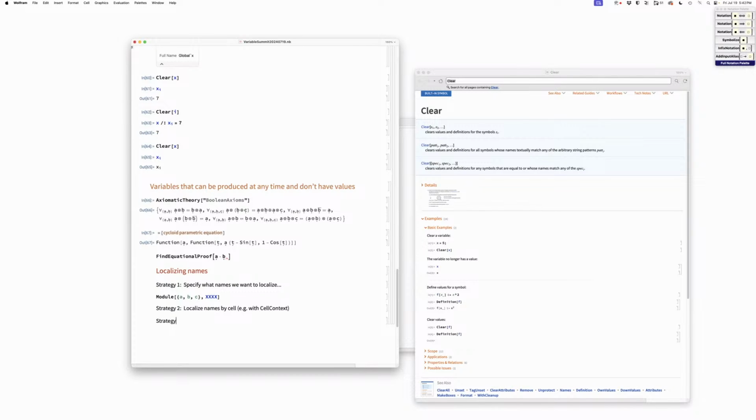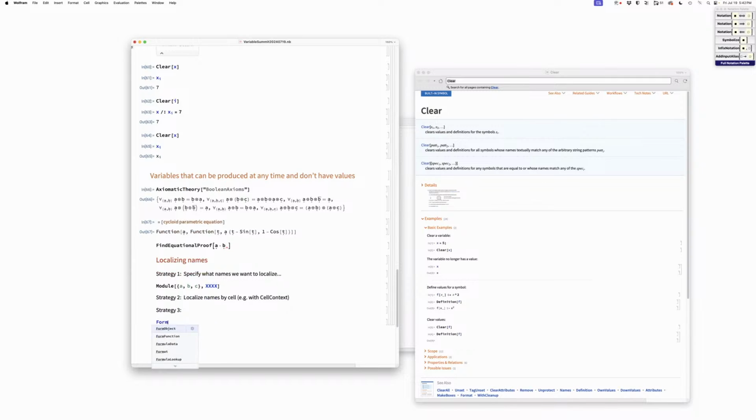strategy three. This is probably crazy, but I'm just going to say it anyway. We've got WFR things that will make formalized versions. Don't we have a WFR that does this?